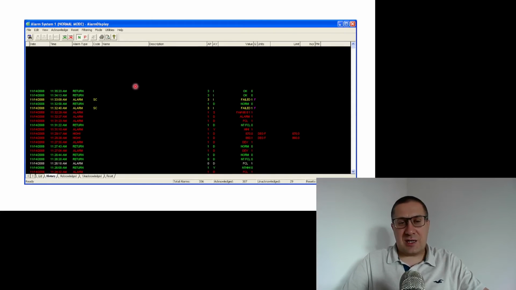Here is such an alarm list. I had to anonymize it, so you don't see the name and the description. But for instance, here is some temperature. The operator received the alarm that the temperature was too high.